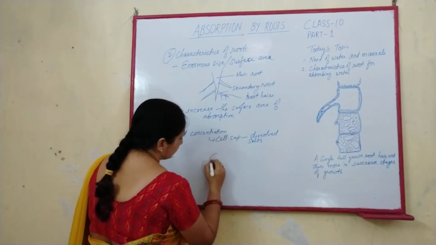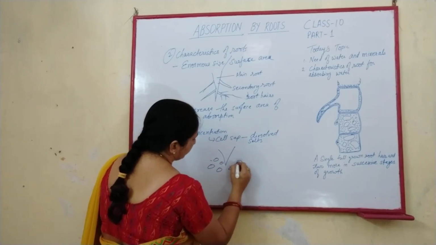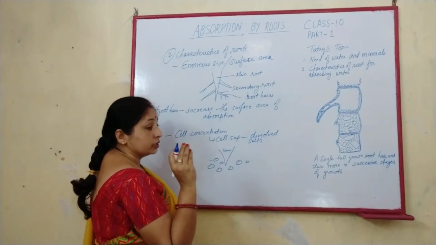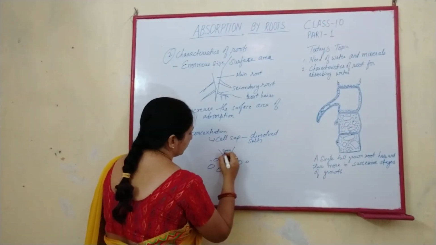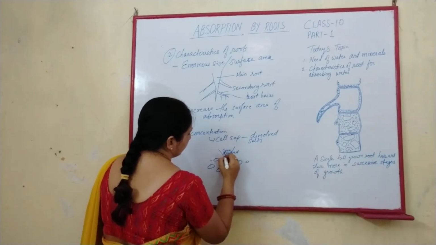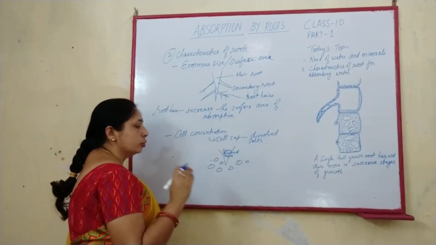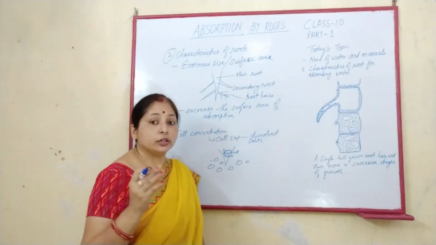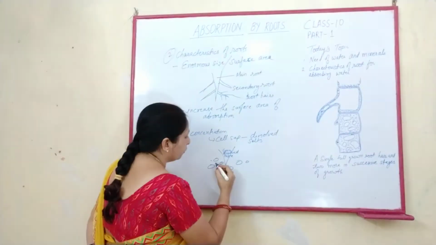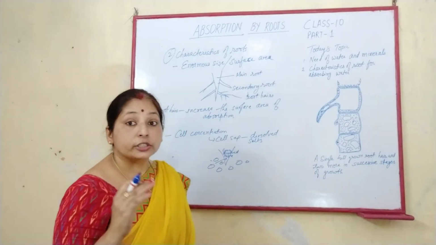If we are discussing a single root, suppose this is the surrounding area, then the concentration of dissolved substances in the cell sap is more than the surrounding area. When the concentration of solute is more, there is movement of water molecules from higher concentration of water to lower.